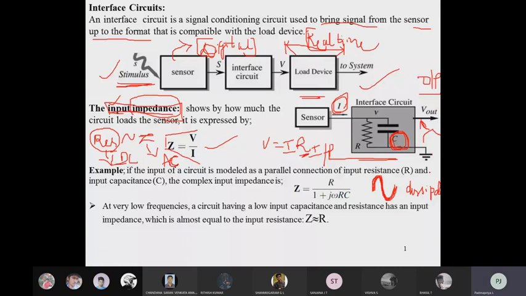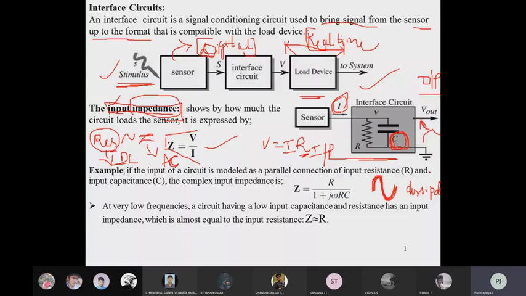If you substitute the value of V as well as I, then you would obtain this formula. You know very well V equals I into R, right? I could also be written as V by R. Instead of V, the supply voltage value, you could substitute 1 plus j omega RC, since we have R and C in a parallel combination.